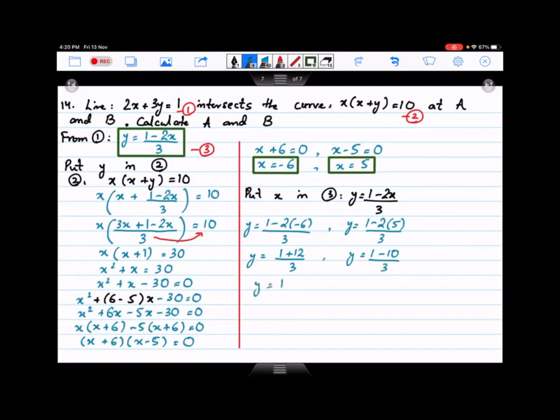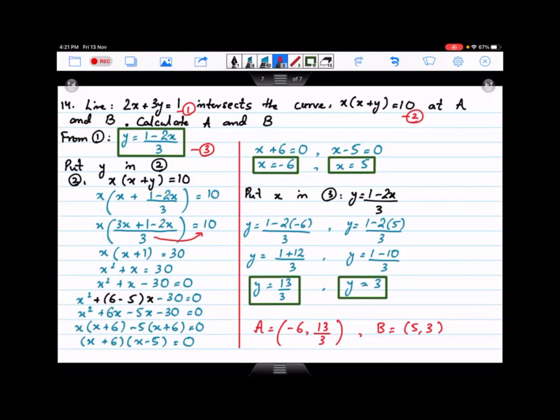So this should become 13 by 3, and this should become 9 by 3, and after cancellation it should be 3. So now we have the x values and now we have the y values. So I can write the answer in the coordinates form, that is the value of A should be equals to minus 6 comma 13 by 3, and the value of B should be 5 comma 3.